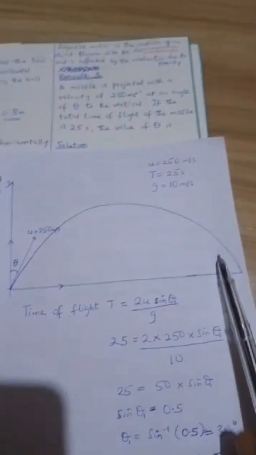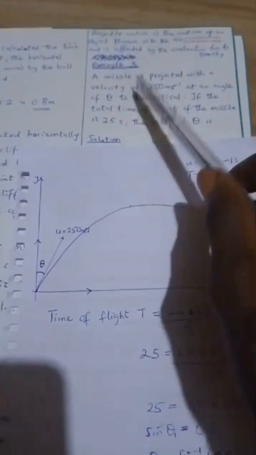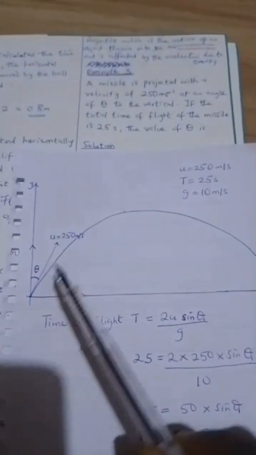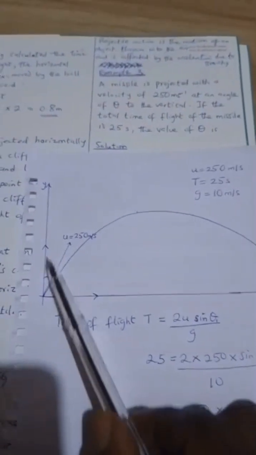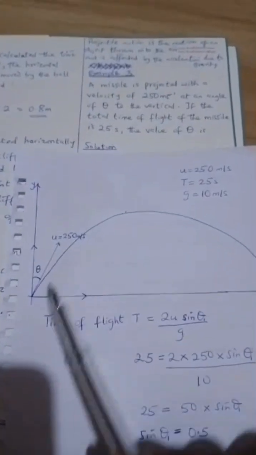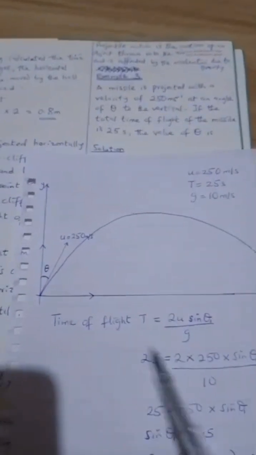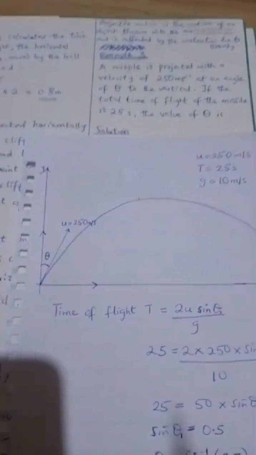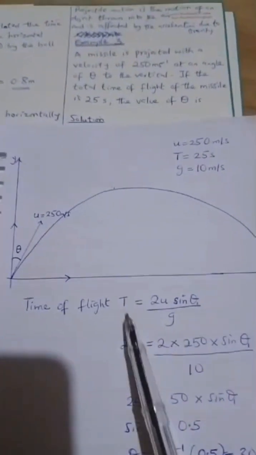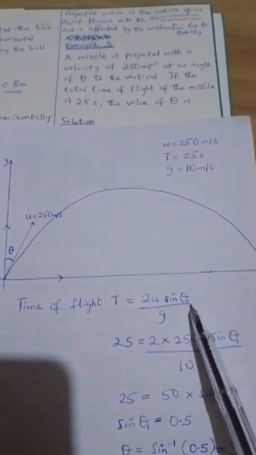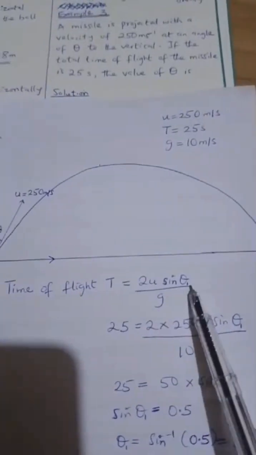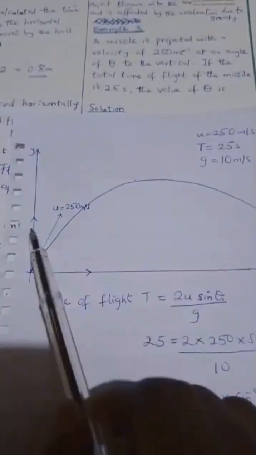Okay, so this diagram gives us a picture of the question in example 3. The missile is projected with a velocity of 250 meters per second at an angle of theta to the vertical. The total time of flight is given, so we can revert to our formula. Total time of flight, capital T, is equal to 2U sine theta 1 over g. I'm using theta 1 to differentiate it from the theta in the question.